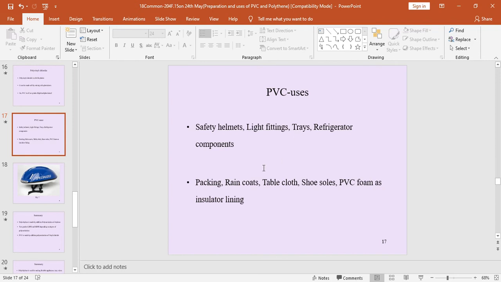Once again I'm repeating, uses of PVC: electrical insulation for covering of electrical cables, the production of pipes, sheets and molded parts, tank linings, motor parts and safety helmets, the production of tiles, tool handles, etc. It is also used for making coats, jackets and bags.